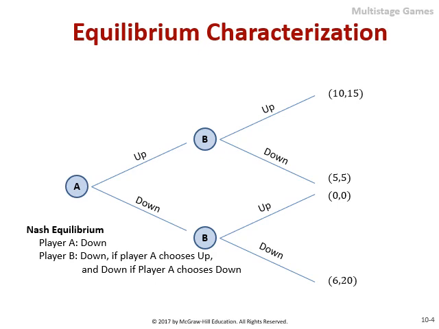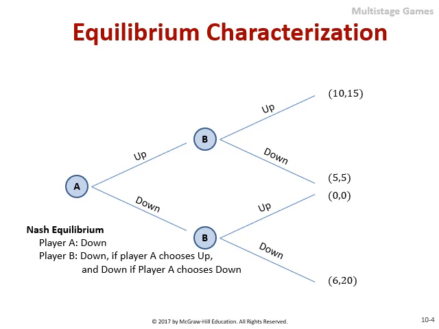So what's player A's best response given B's strategy? It's to play down, because down will guarantee player A a payoff of 6 instead of 5 that player A would get if it plays up. So given the strategy of B, that B will play down if A chooses up and down if A chooses down, the best response for A is to choose down.